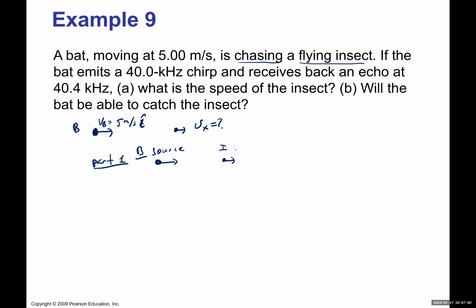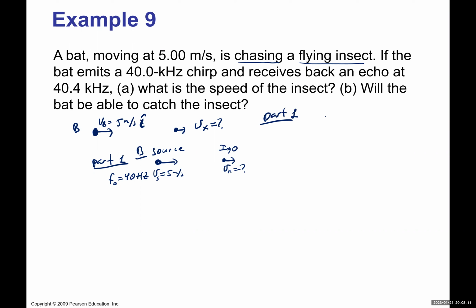So this is the observer. Again, the speed for the source is 5 meters per second, and the observer speed is unknown. I'm doing the first part. The original frequency is 40 hertz.